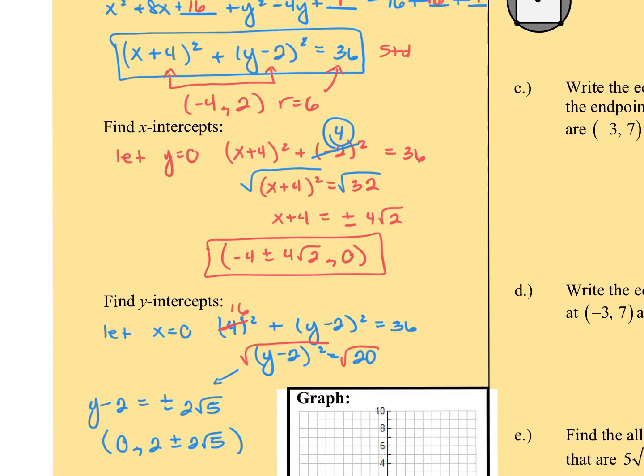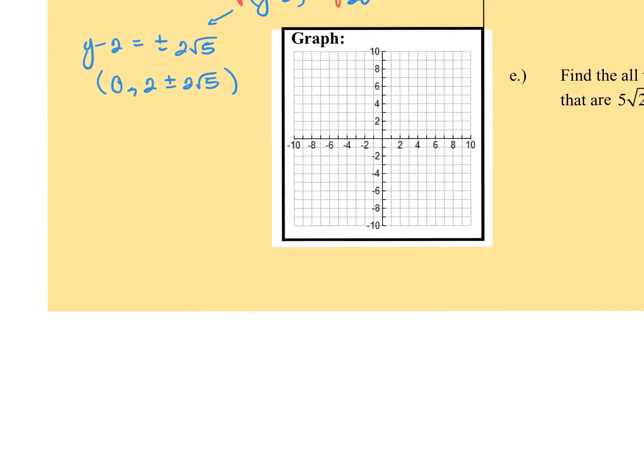So when we come down here to our graph, we're going to plot that center first, and we're going to plot our negative 4, up 2. And then we're going to do our north, south, east, and west here. The north and south and the east and west, those are sometimes called the ordinal points. So from that, we can just count up 6.